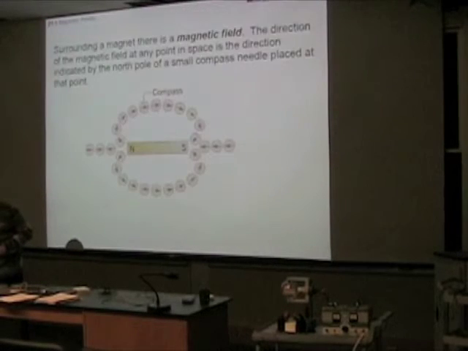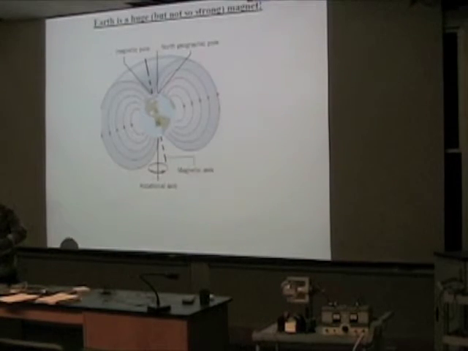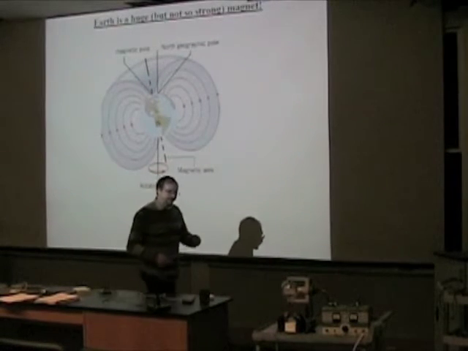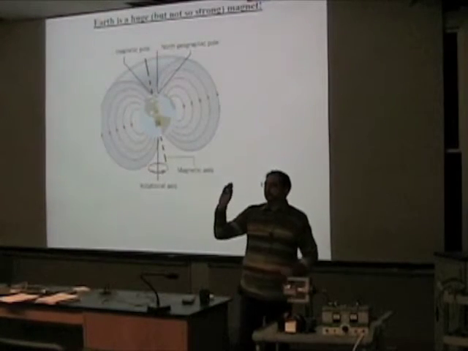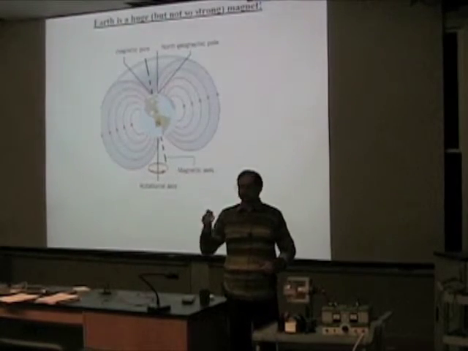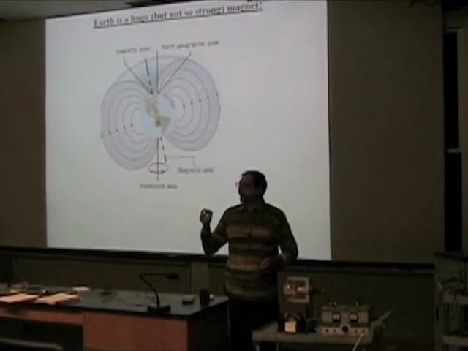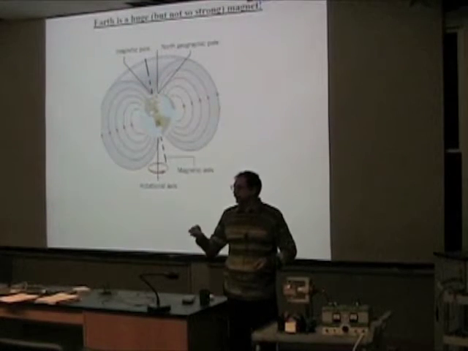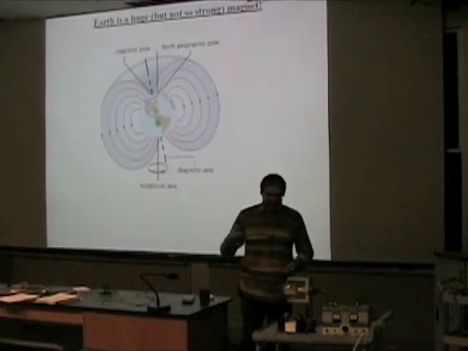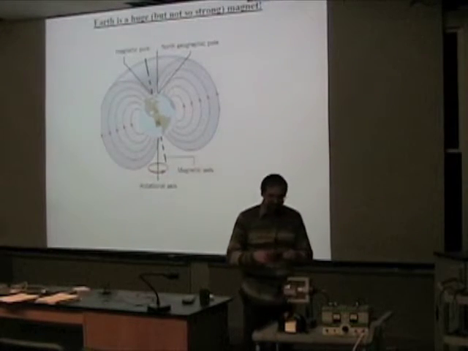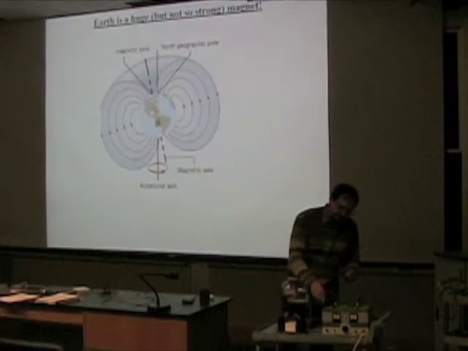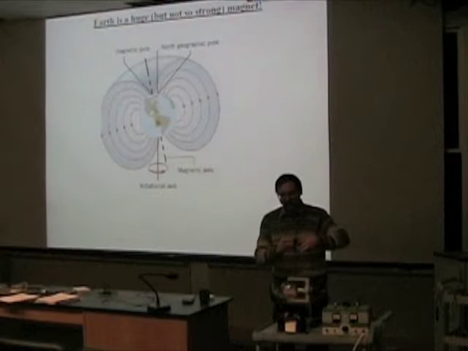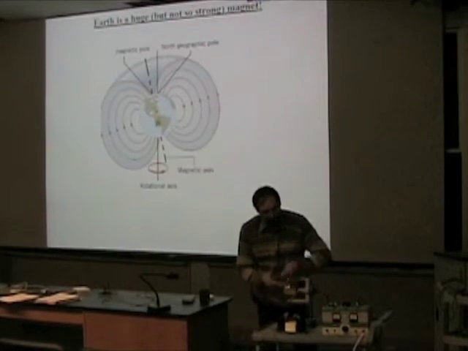Well, there are many more pictures of magnetic fields. I actually have here a sample of magnetite. This is what people found thousands of years ago: a magnet. They dug it up and found that this thing actually attracts, not very strongly, but if you look at the compass, it attracts it.